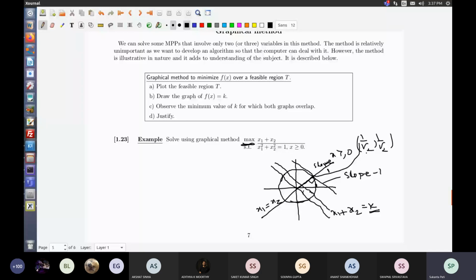And so the maximum value of x1 plus x2 will be 2/√2, that's √2. So that is how you solve, and then you write the justification also. Okay, and not just your guess, but the justification, that is also another part.